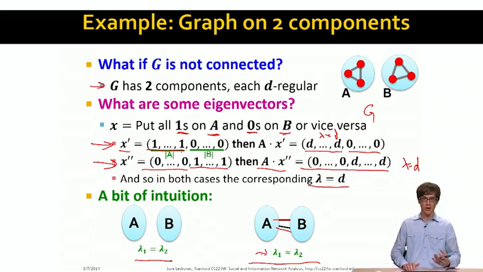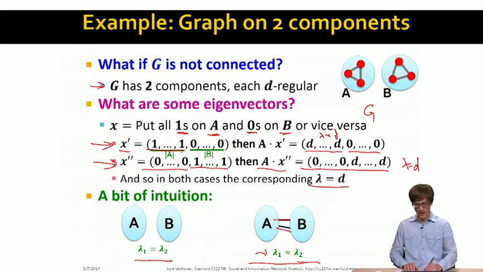I wouldn't have eigenvalue d with multiplicity 2, but eigenvalues lambda 1 and lambda 2 that are about the same. They are similar because for all practical purposes our graph has almost two connected components. I have just a few edges crossing from side A to side B, but it almost looks like separate components with just an edge connecting them.